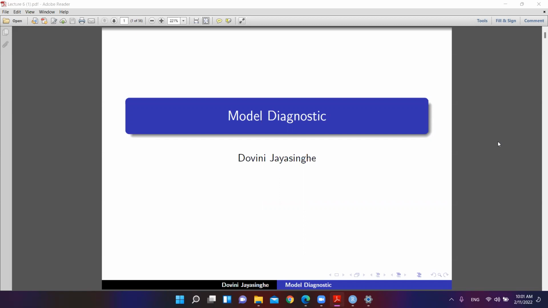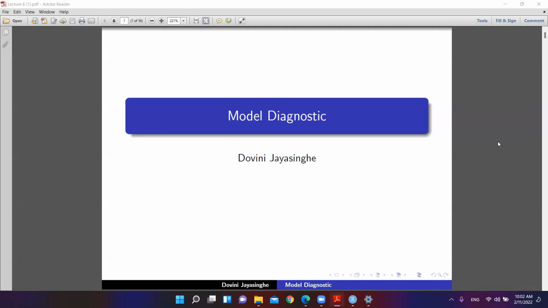True that we use a regression ANOVA method, or we used hypothesis testing after fitting the regression, and we checked the R squared, how well our regression model fit our data, things like that. But still, we have to really check whether our fitted regression model is valid enough to be used. So how do we check the validity? We have to check whether our fitted regression model really meets all those assumptions.